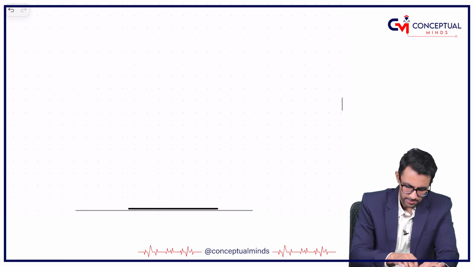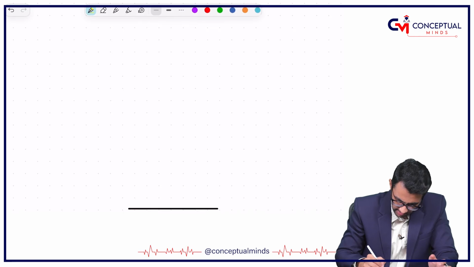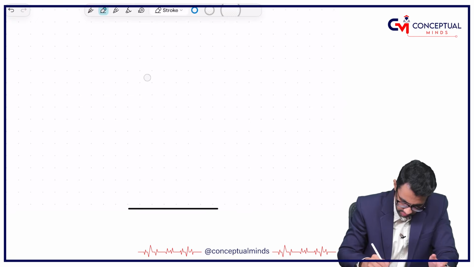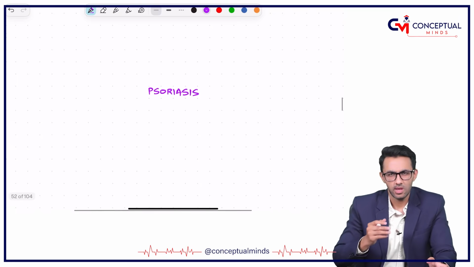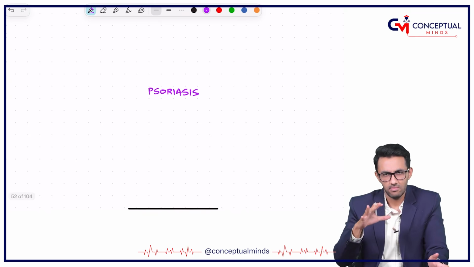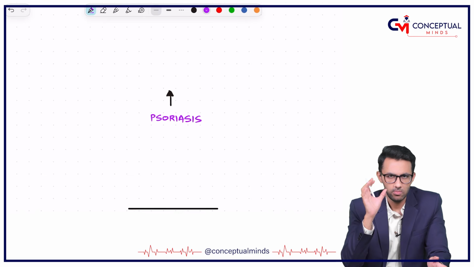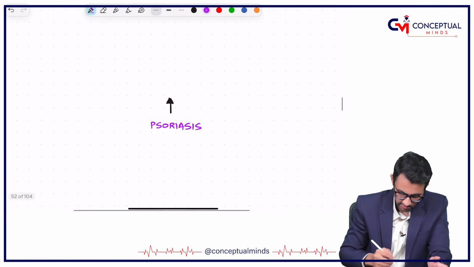The man of the moment, in the center, is psoriasis. In psoriasis, what do we have? The main findings. One of the main types would be plaque psoriasis, and pustular psoriasis. So let us write the pustular psoriasis here.